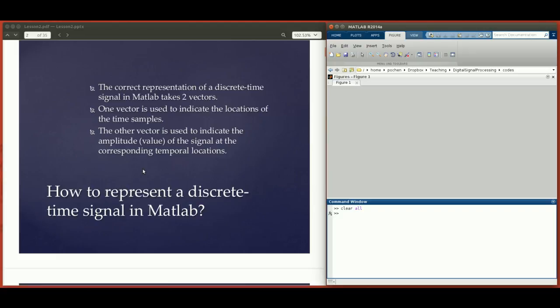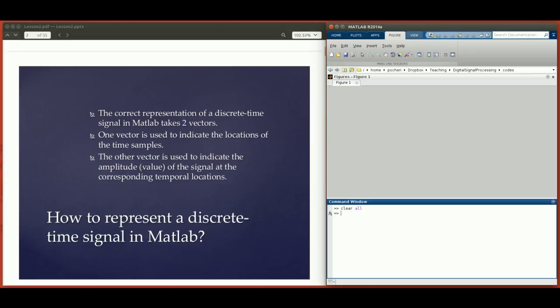So how to actually represent a discrete time signal in Matlab, right? We talked about Matlab in previous videos, how you can actually represent a discrete time signal in Matlab. The first thing that you have to think about is that you basically need two vectors to represent a signal.